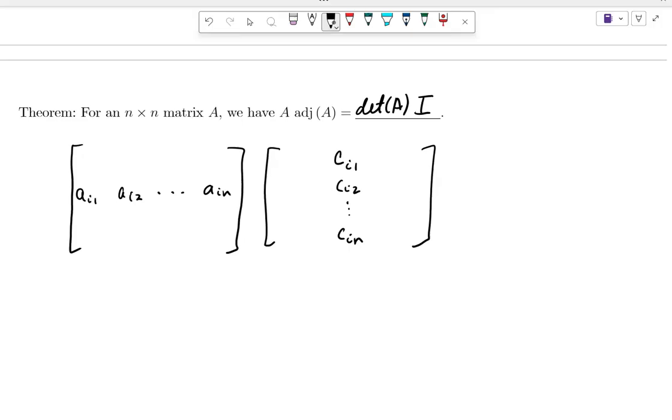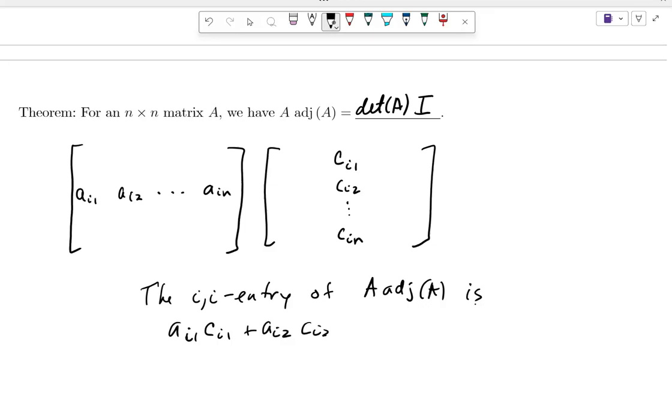So when you do the ii entry of A times the adjoint of A, it's a_i1 C_i1 plus a_i2 C_i2 out to a_in C_in, which is one of the ways that we can calculate the determinant.